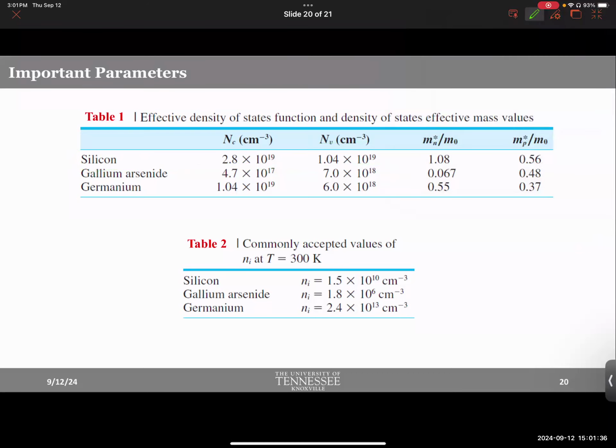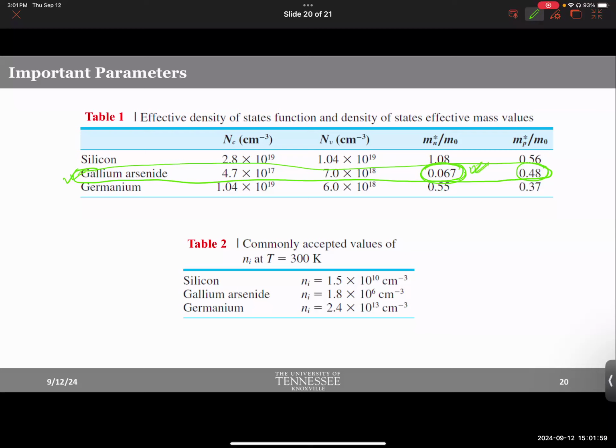By the way, that may not be true for all materials. Interestingly, if you go to gallium arsenide, let's take a look at the numbers. These are experimentally measured numbers. See, the effective mass of electron is much, much lower, really low. But the effective mass of hole is actually quite high, almost as much as in silicon. So what happened here?